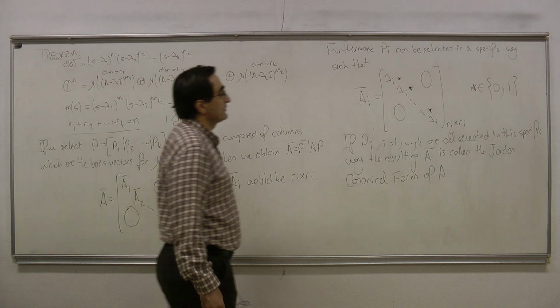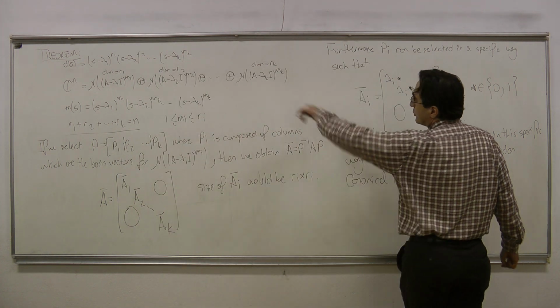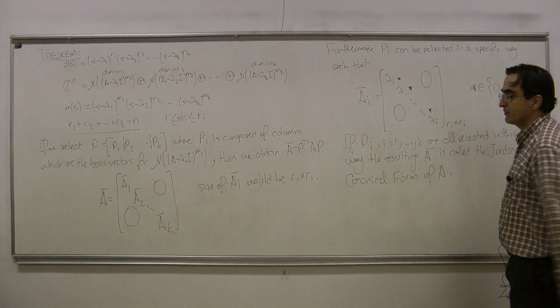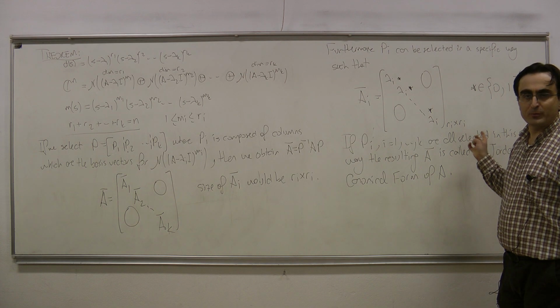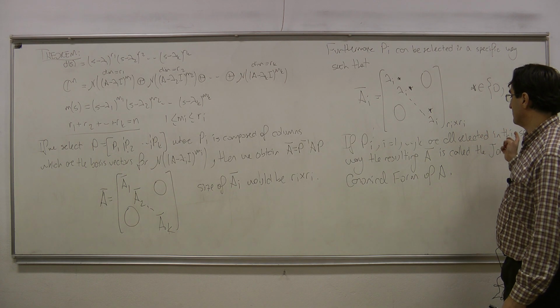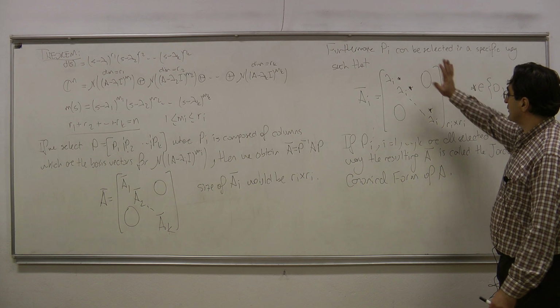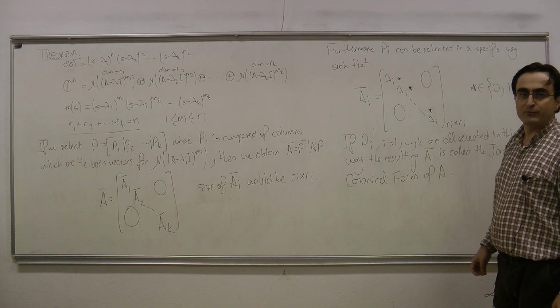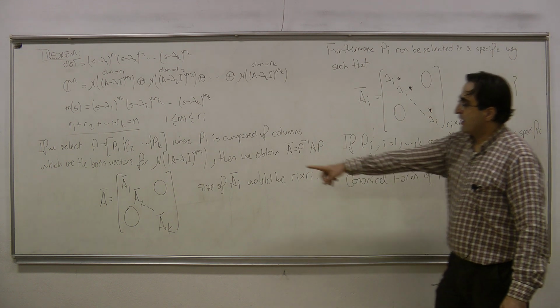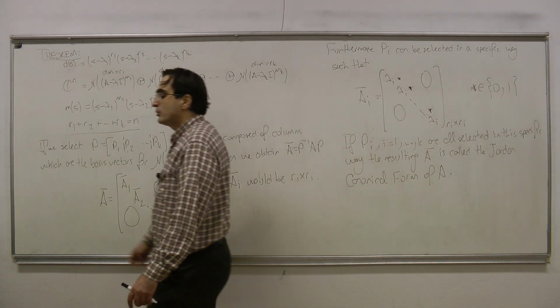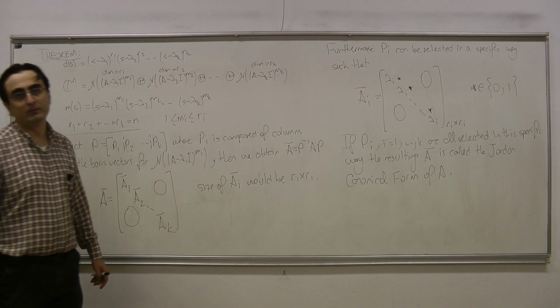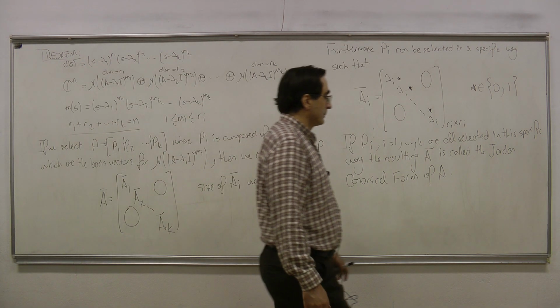So when I select my basis vectors for all of the subspaces in this specific way, we are going to see what this specific way is in this course, in the coming lectures. But when I choose my Pi in this specific way, such that all of the blocks have this form, then the resulting A bar matrix is going to be called the Jordan canonical form of the matrix A. Okay?